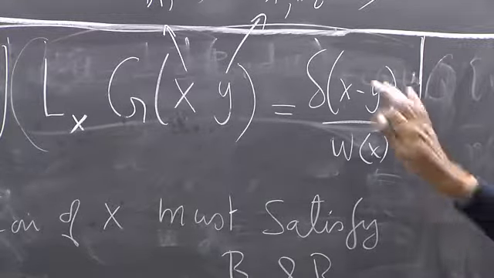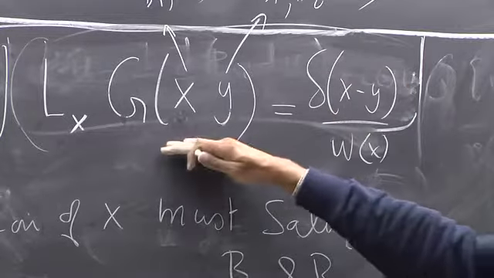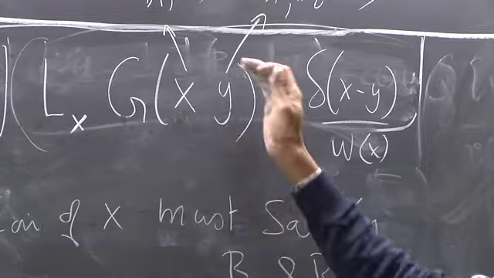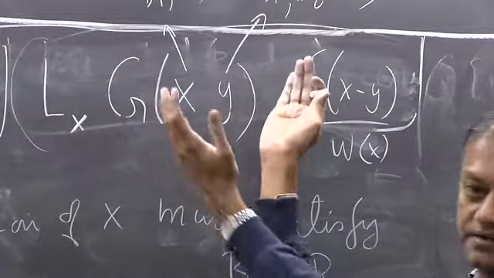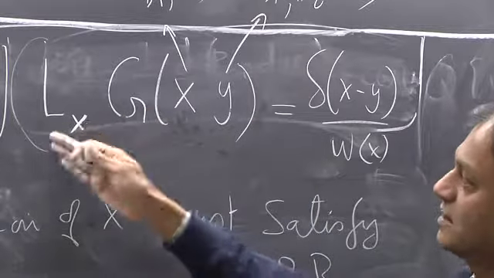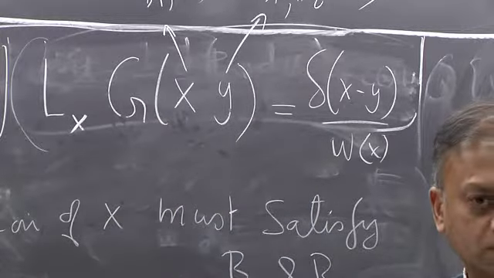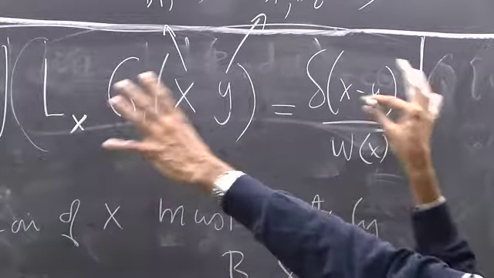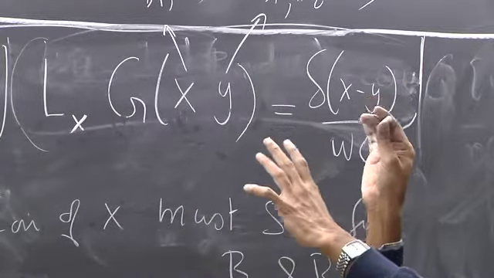So the right-hand side is a generalized function, and the left-hand side should also be thought of as a generalized function. For a generalized function, the derivatives always exist, as we saw before, so you have an equality of two generalized functions.